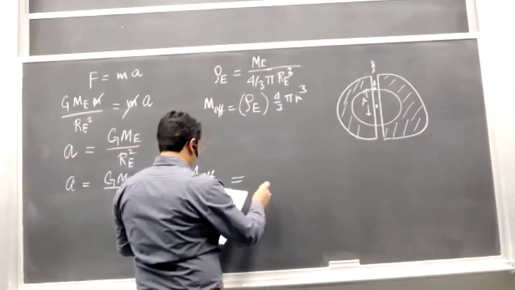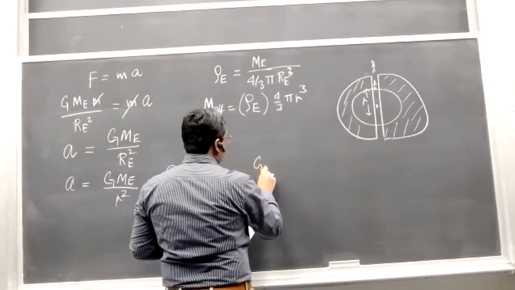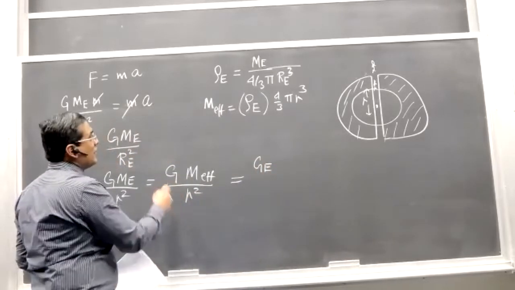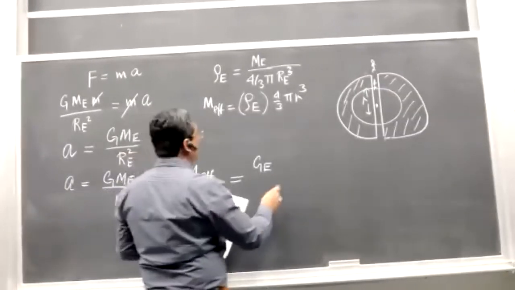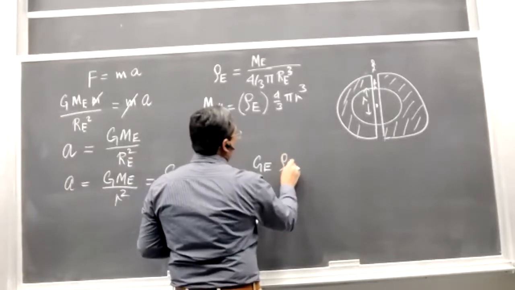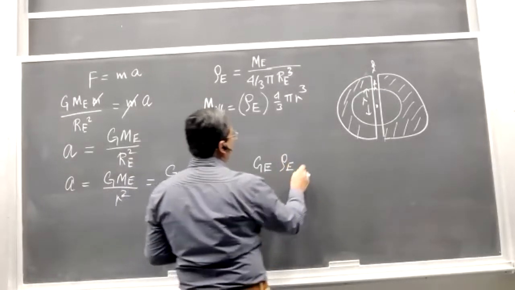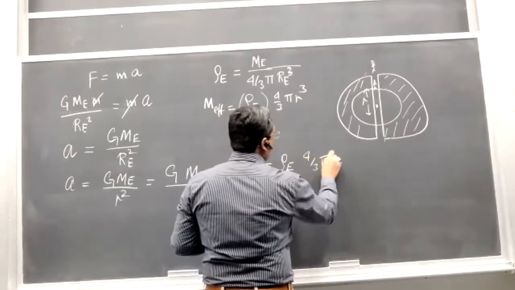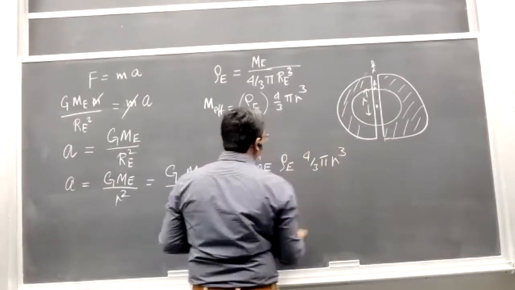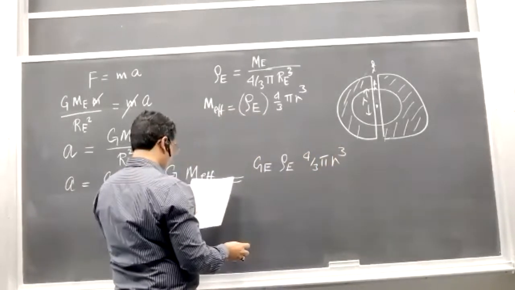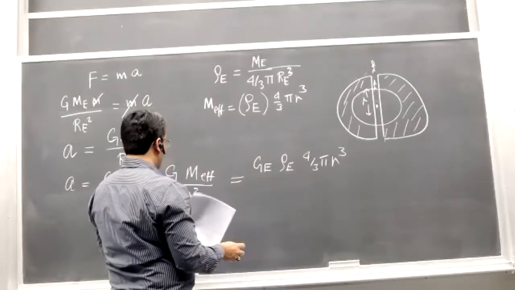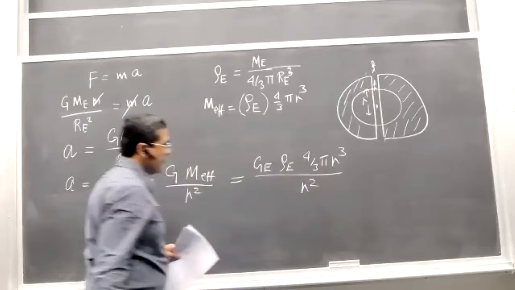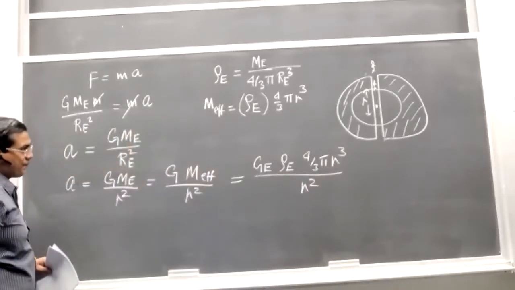So then we have G_E. Okay, we plug in everything here. Okay, G_E rho_E four by 3 pi R cubed over R squared. ठीक है.